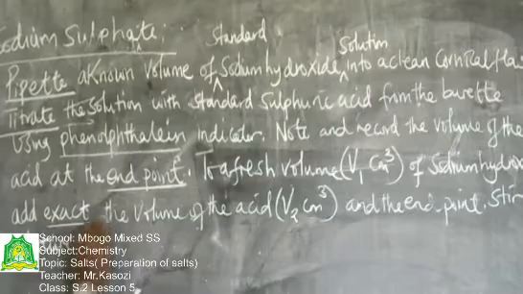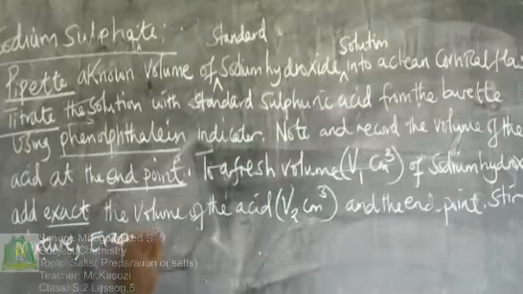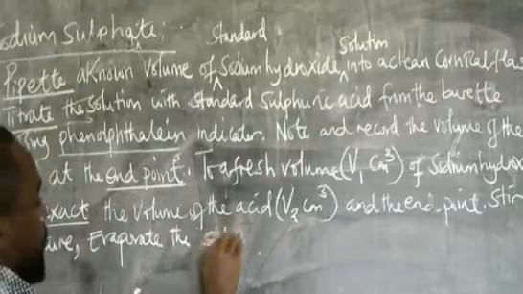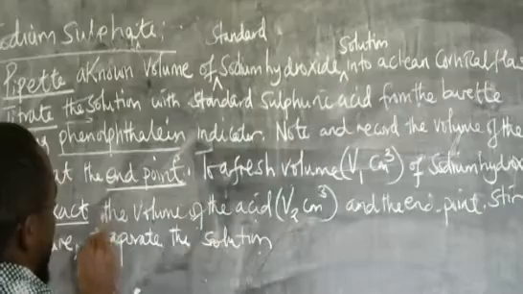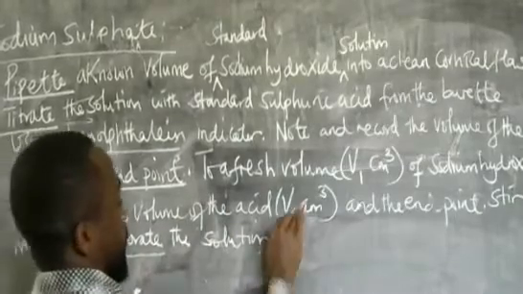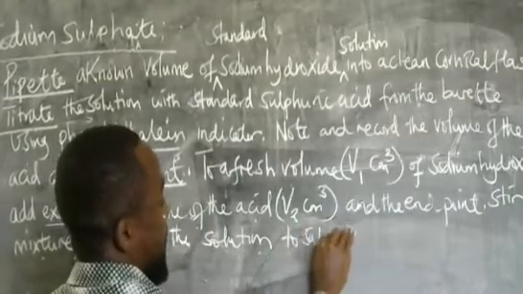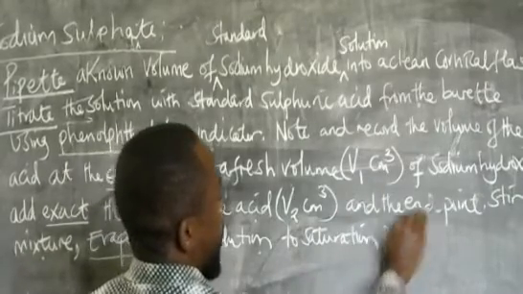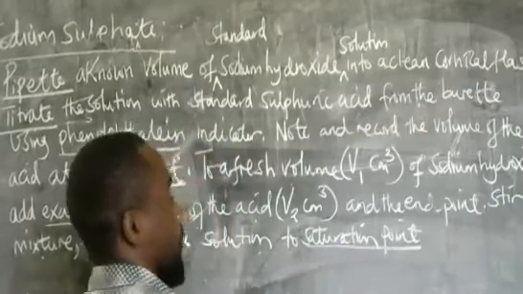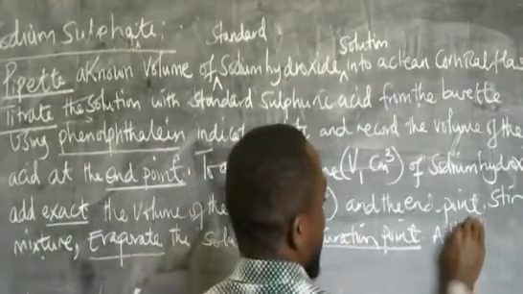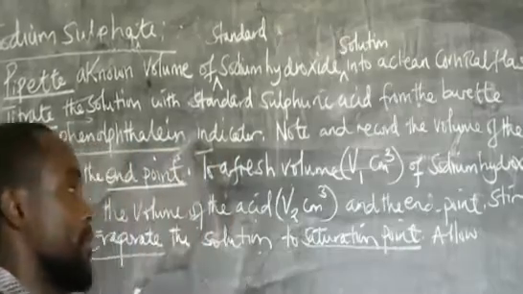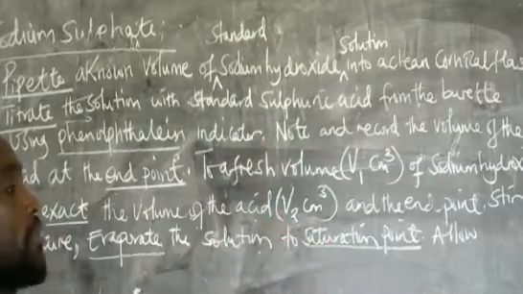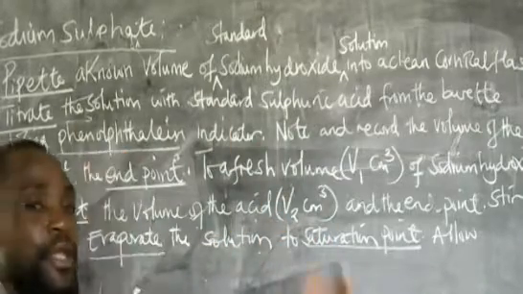From there, what do we do? Evaporate the solution to saturation point. Saturation point can mean until the crystallization point, or you can evaporate to near dryness.